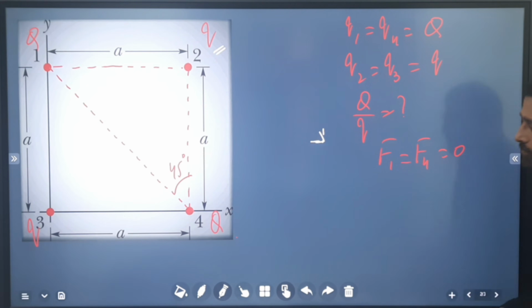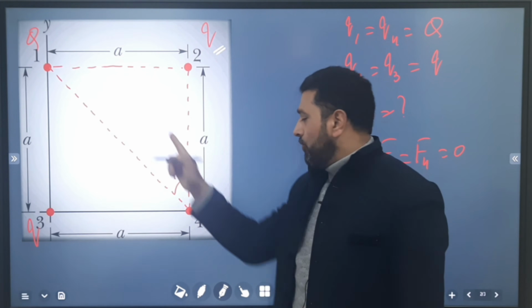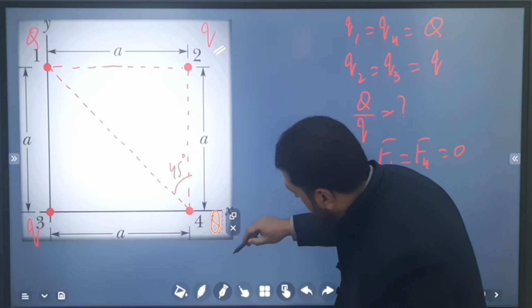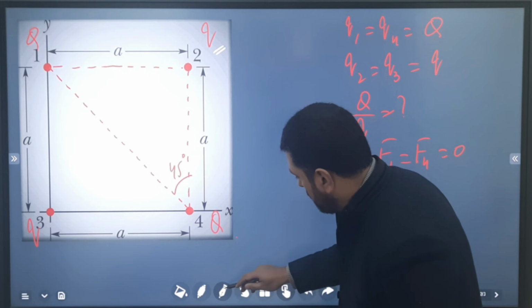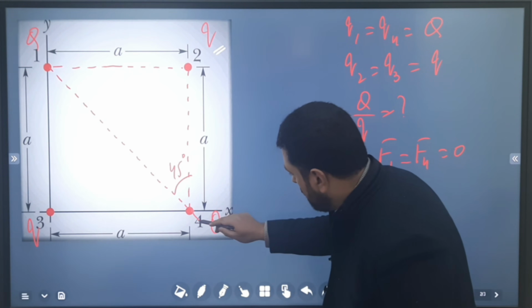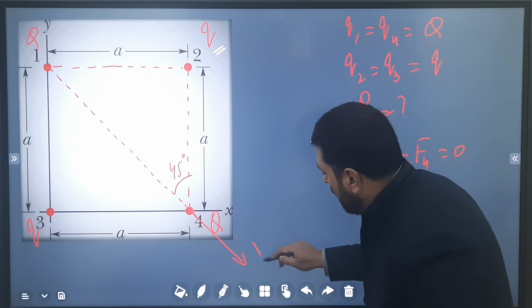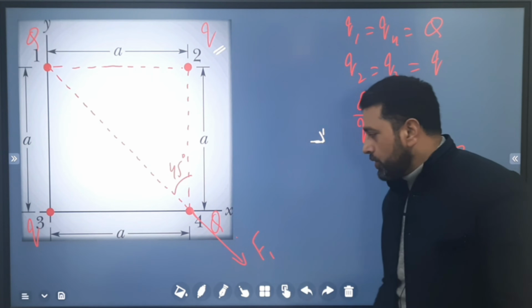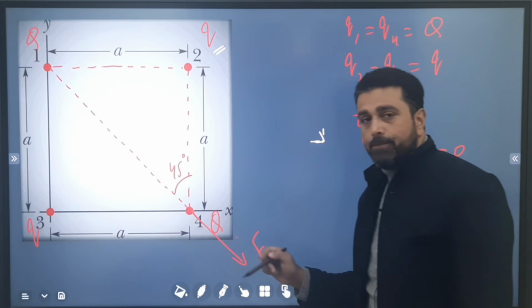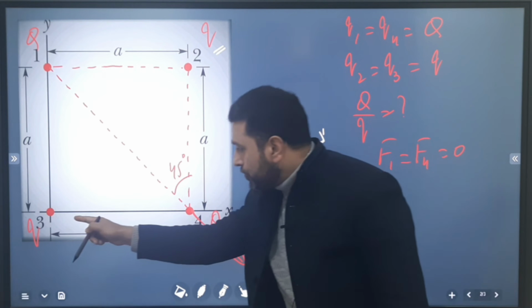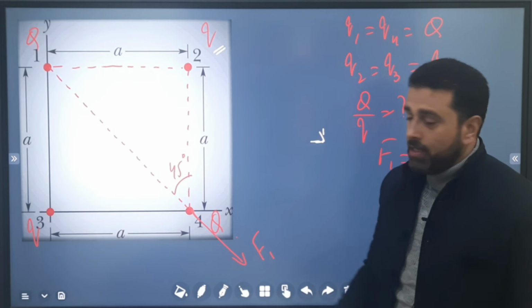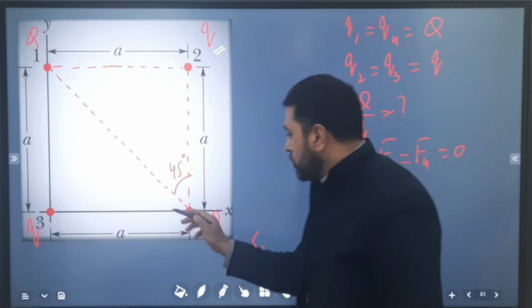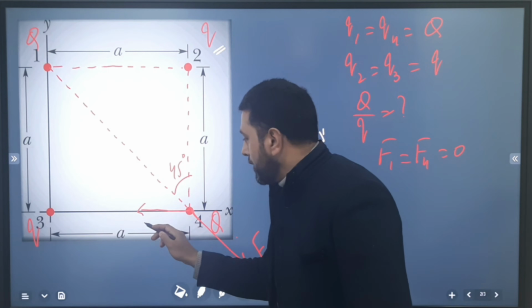Again the force from 1 on 4 is a repulsive force and will be along the diagonal. Let's use single superscripts: F1, force from 1. Now, force from 3 and 2 must be attractive now because we're considering small q unlike capital Q. So force from that one is attractive.